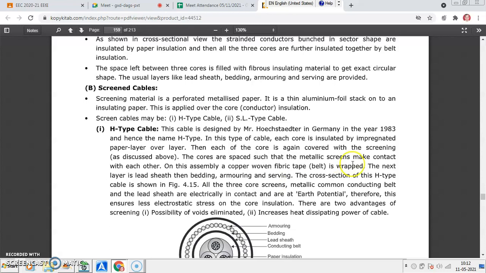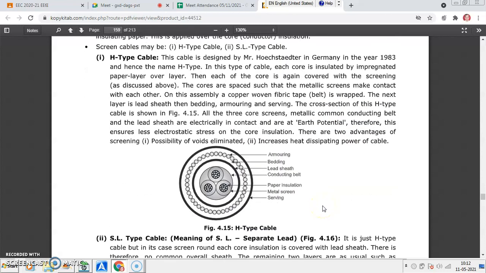One simple construction of the S-type cable is shown over here. This is a 3-core cable. Are you able to see this 3-core cable?